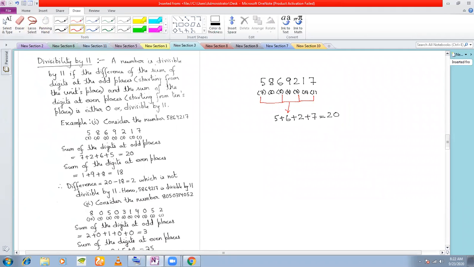Now what you do is you take the sum of the digits at the even places. This is an even place, another even place, another even place. Okay. And what is the sum of the digits at the even places? Let me write here.